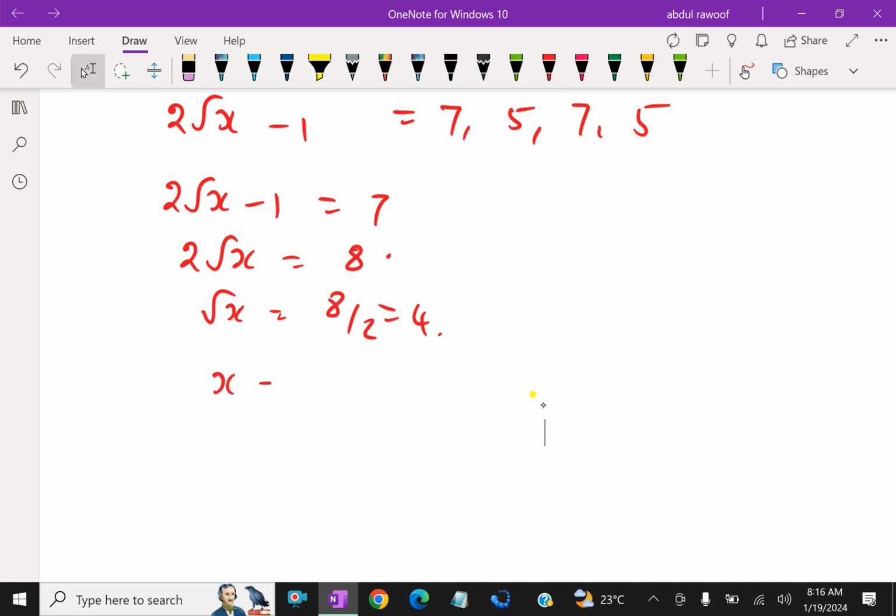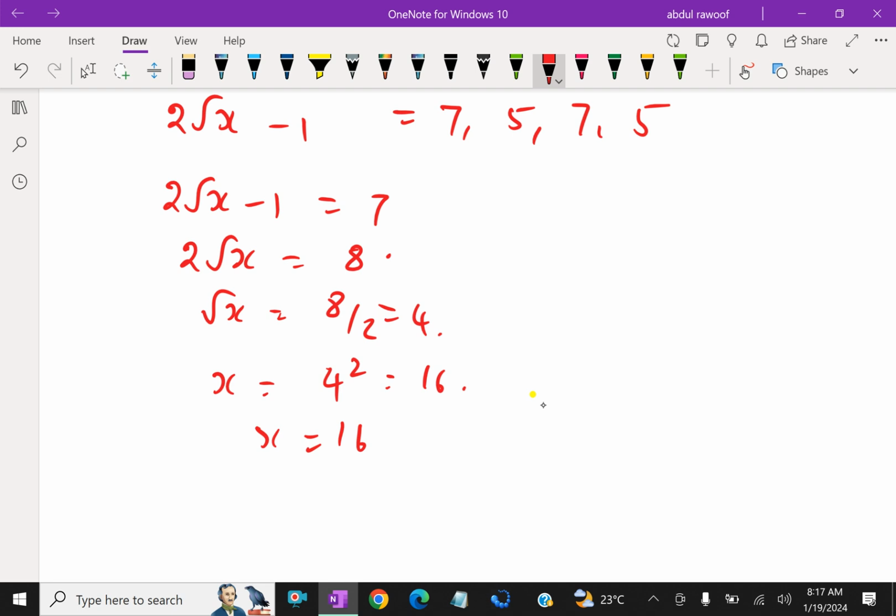Squaring both sides, x equals 4 squared, 16. That is x equals 16, a possible integer solution for x.